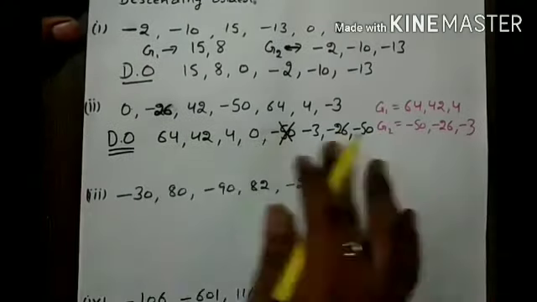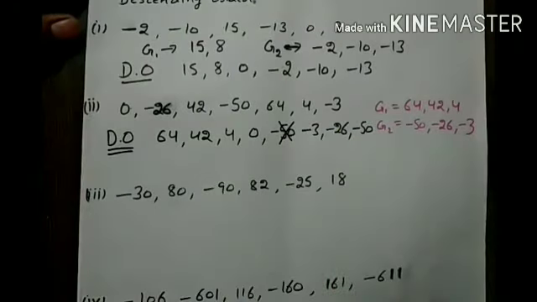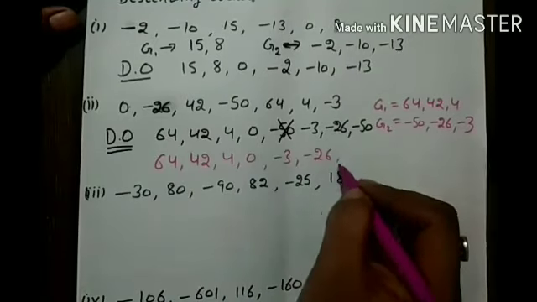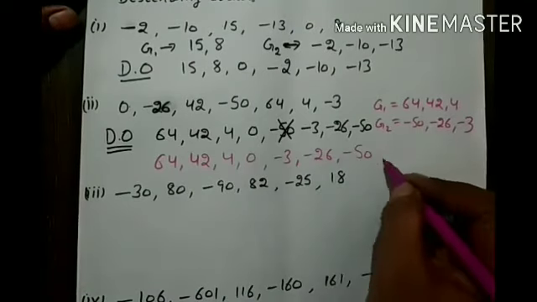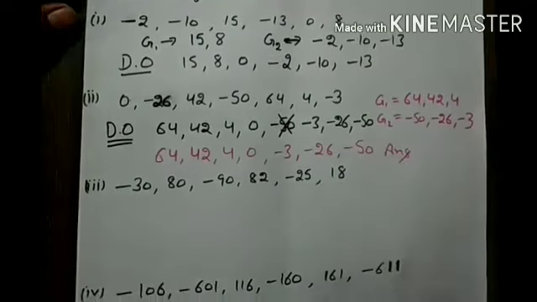So this is the correct descending order. I will write this again: 64, 42, 4, 0, -3, -26 and -50. This is the final answer.